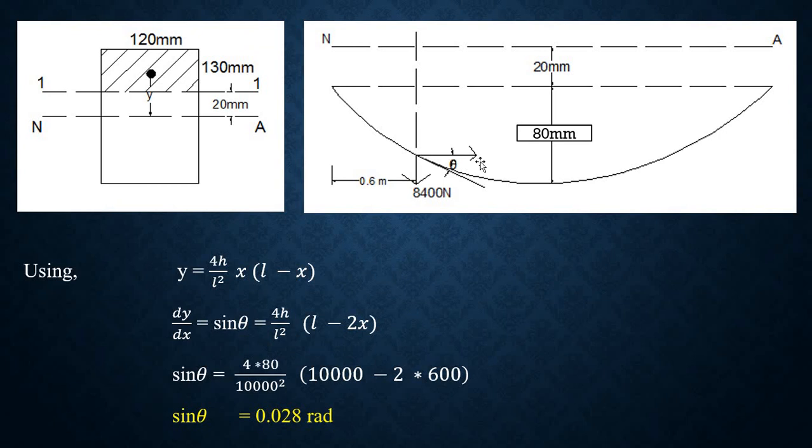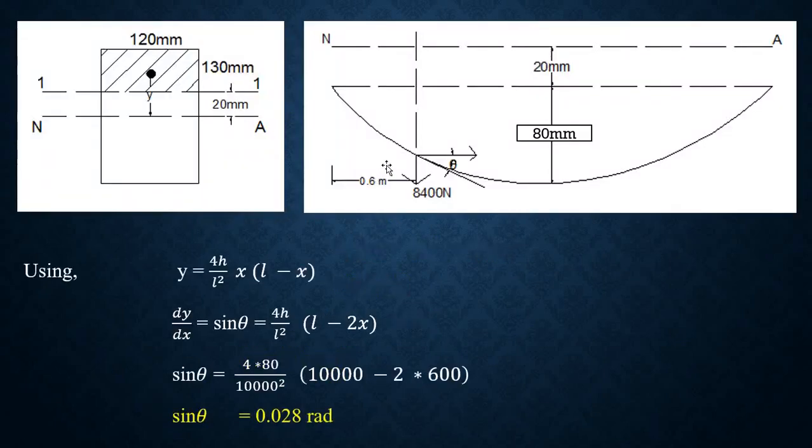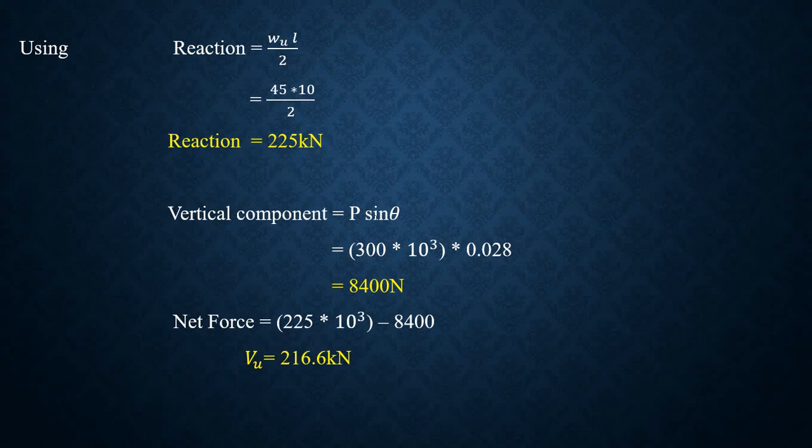If it was a horizontal component, it would have been P cos theta. If we want the vertical component, it will be P sine theta. So using P sine theta, we get 8400 Newton as the vertical component. I have written the value here after the calculation.